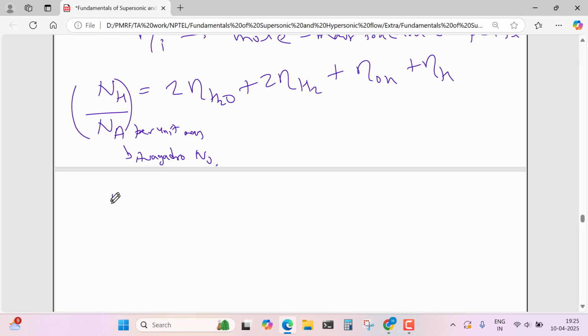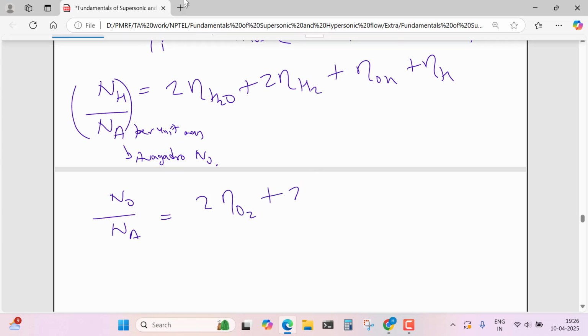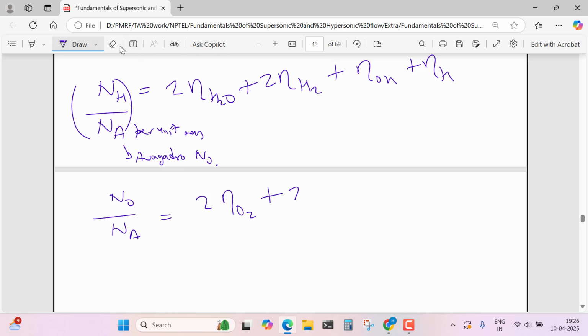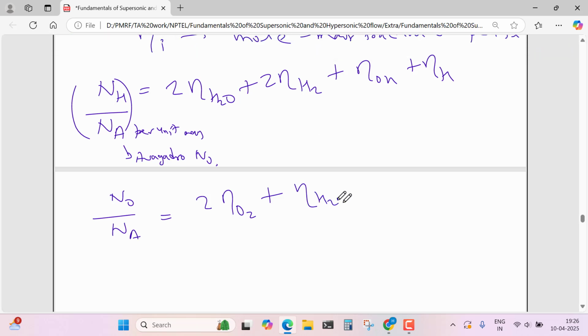Similarly, N_O upon N_A will become equal to 2 η_O2 plus η_H2O plus η_O plus η_OH.